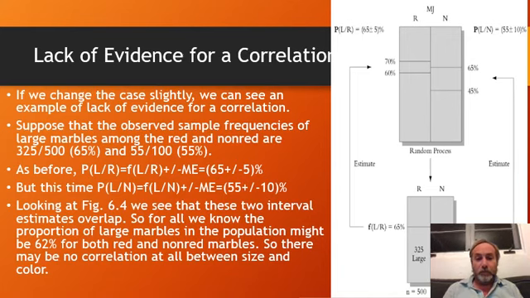So what does that mean? That the interval estimates overlap, right? That means that for all we know, the proportion of large marbles in the population might be 62%, say, for both red and non-red marbles. That would mean there's no correlation at all between size and color, right? They could, for all we know, have the exact same proportion.